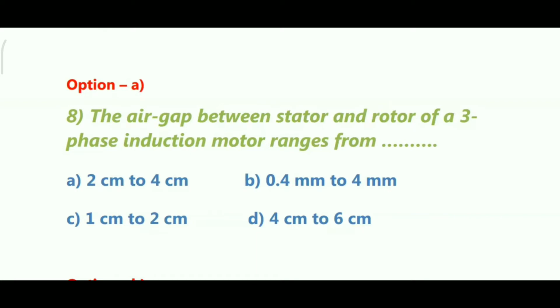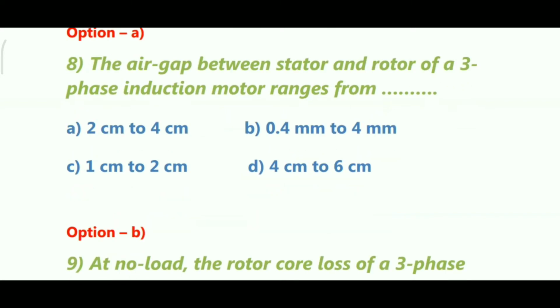So here the correct answer will be option B, 0.4 mm to 4 mm. It means the air gap between stator and rotor of a three-phase induction motor ranges from 0.4 mm to 4 mm.